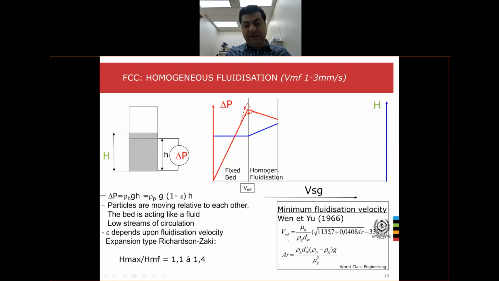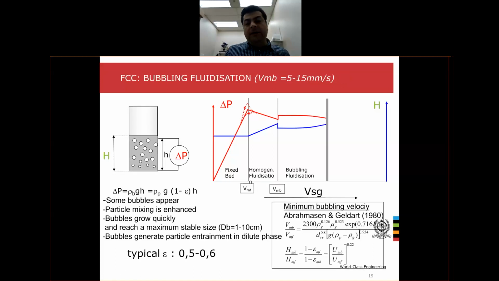And this UMF can be calculated from this equation, where you have the Archimedes number, and this Archimedes number is a function of the size of the particles, density of the particle, density of the gas, and viscosity of the gas. And interestingly, if you increase the gas velocity above UMF, as I said, you end up with UMB, the minimum bubbling velocity.